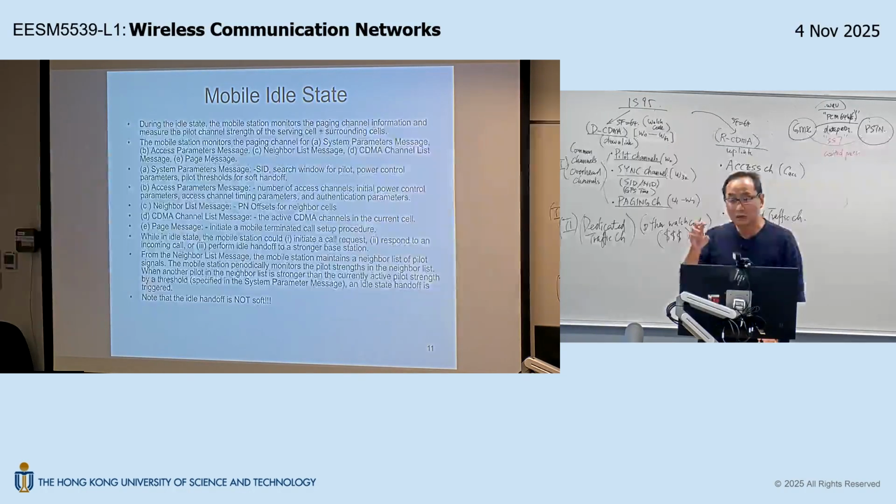Okay? Then you listen to this page message, and you only respond, take action, if this page message is for you. Okay? So all the other messages, A, B, C, D, are common messages broadcast to all users. But the page message is dedicated to a particular mobile. You just ignore the page message if it is not for you. Okay?